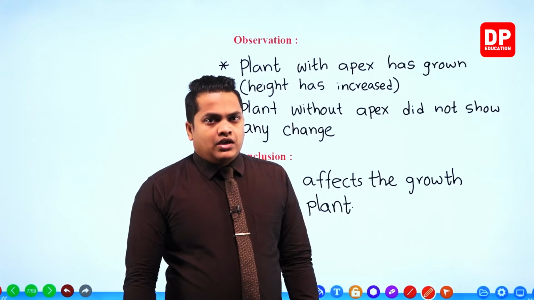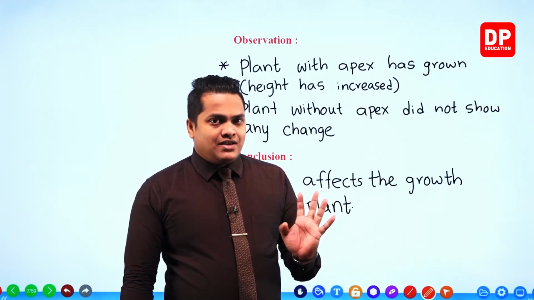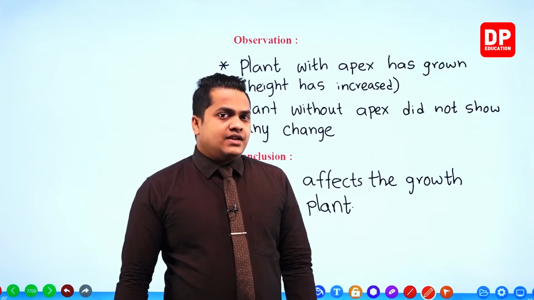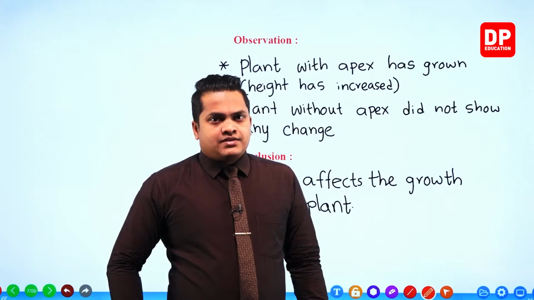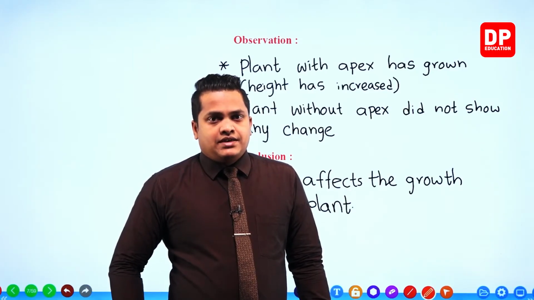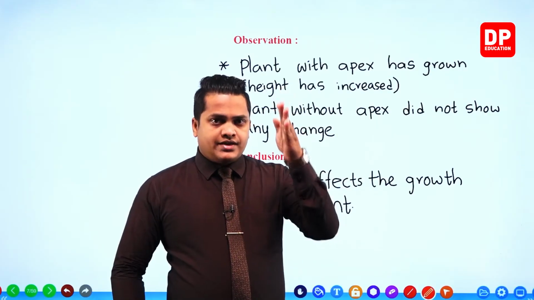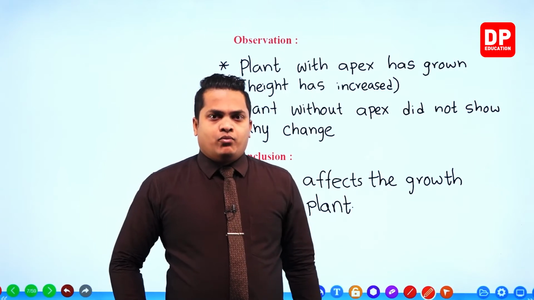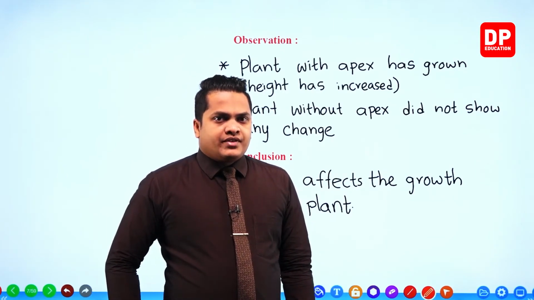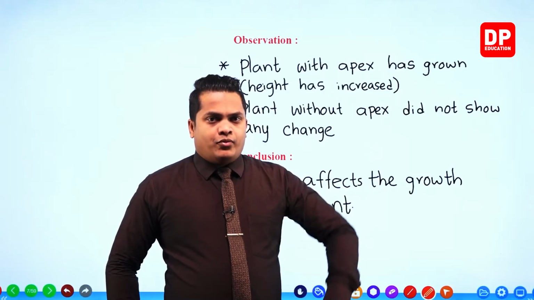I'm going to give you a simple example here, my dear children. You have seen that there are some coconut plants, sometimes you may have seen these, which are not going to grow straight up. Sometimes they lean like this, then travel upward. It's because the apex does not always grow vertically upward.